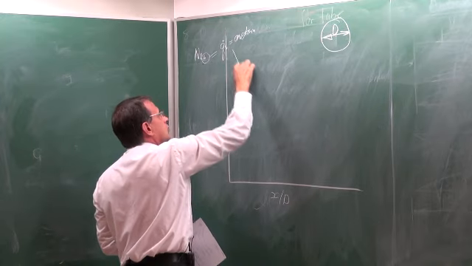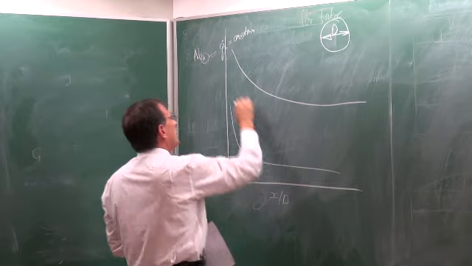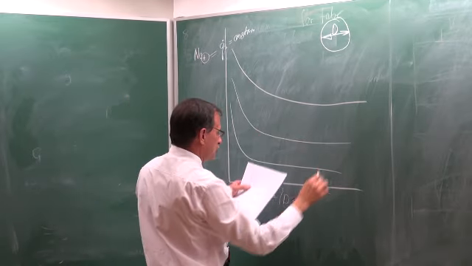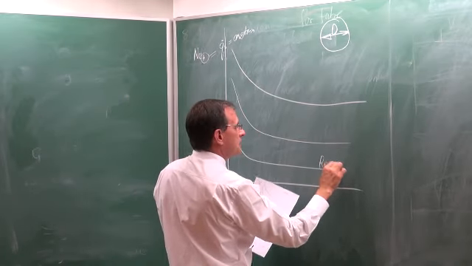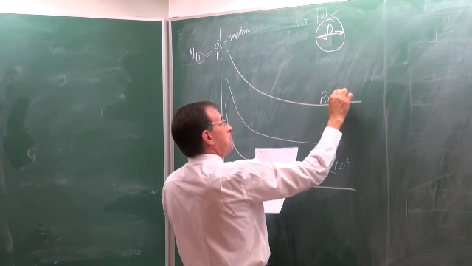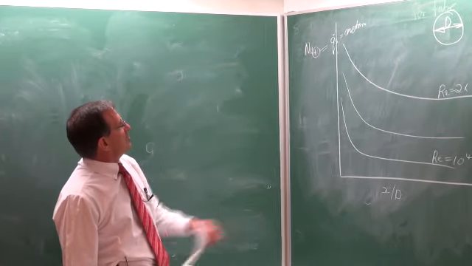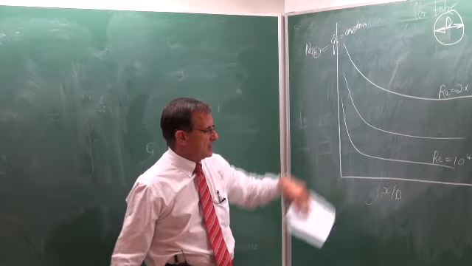Then the results would typically look like this. It's a function of Reynolds number. So this is the Reynolds number of 10,000. There is the Reynolds number of maybe 2 times 10 to the 5th. Okay. So this would be for a constant heat flux.